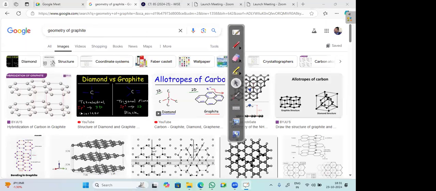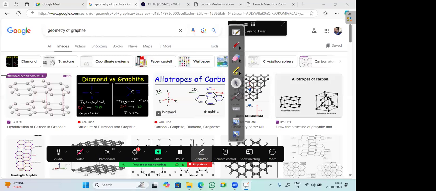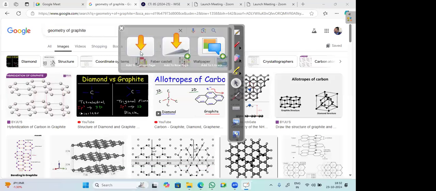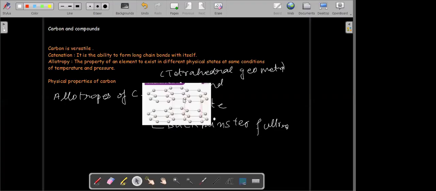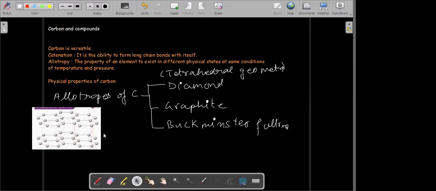See here, each of the circles represents a carbon. So you can see every carbon is connected with other carbon atoms, which are three in number. So every carbon atom here is connected to three other carbon atoms.